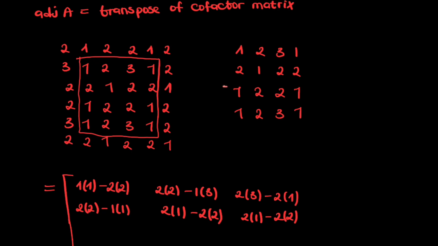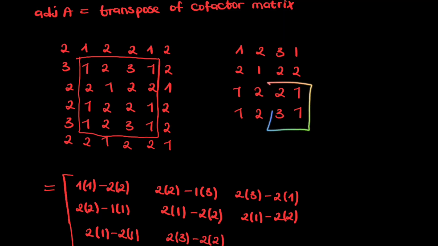The next: 2 times 1 minus 2 times 1. The next: 2 times 3 minus 2 times 2. And we take the last: 2 times 1 minus 1 times 3.